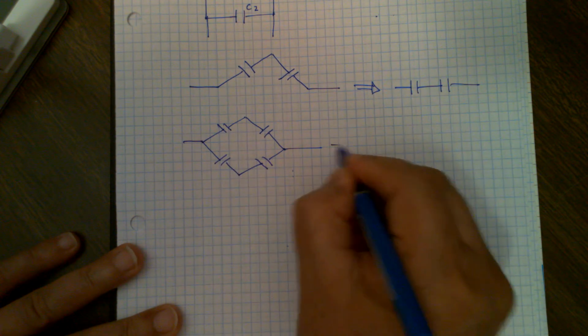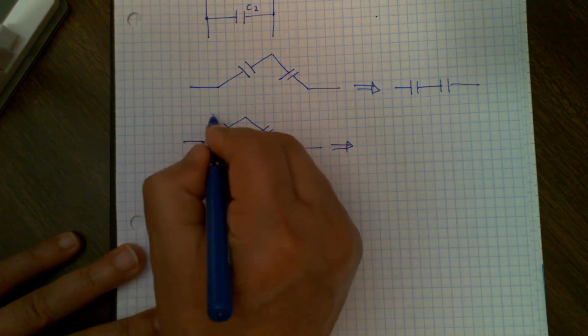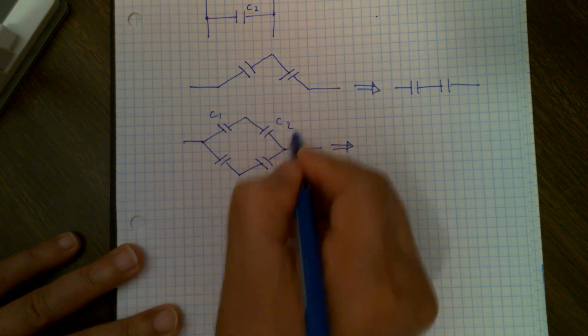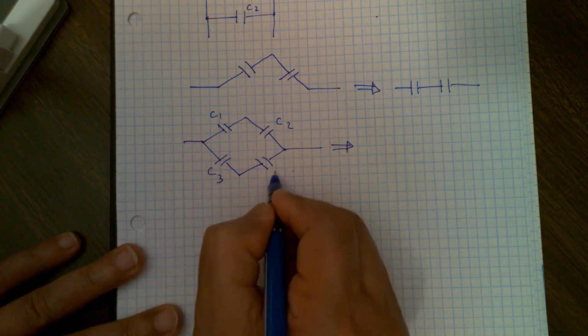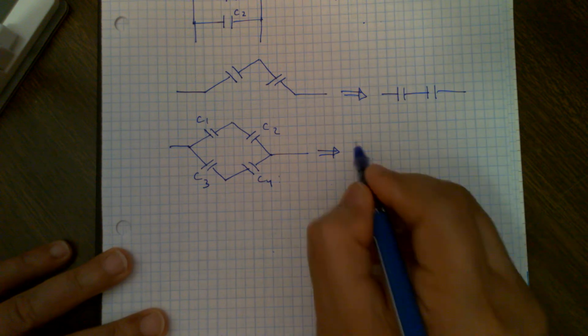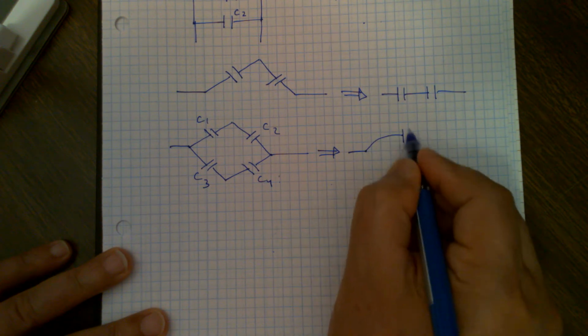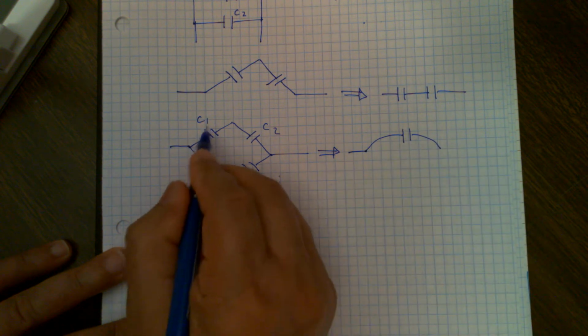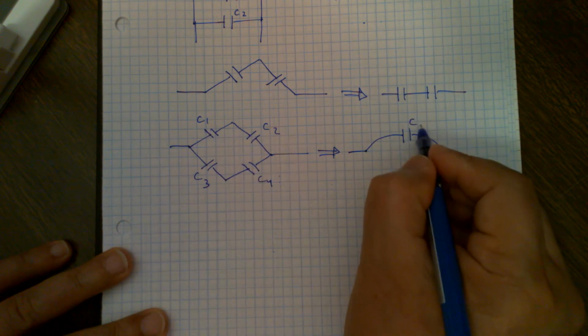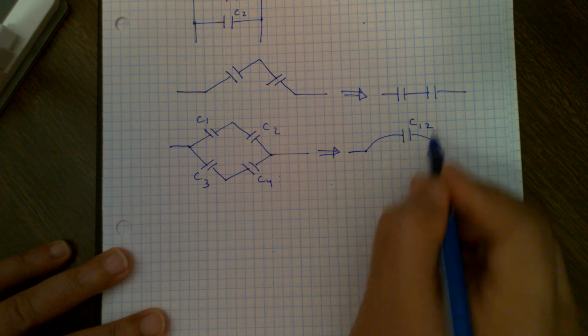If I have C1 here, C2 here, C3 here, C4 here, first there is one guy that is the equivalent capacitance between C1 and 2. Let's call it C1,2.